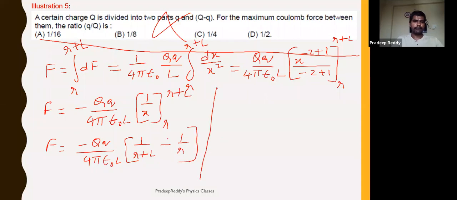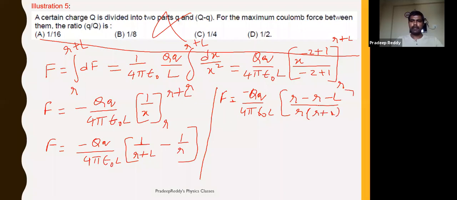This gives you F is equal to minus capital Q small q divided by 4 pi epsilon naught L into r minus of r plus L divided by r into r plus L. Plus r minus r gets cancelled.